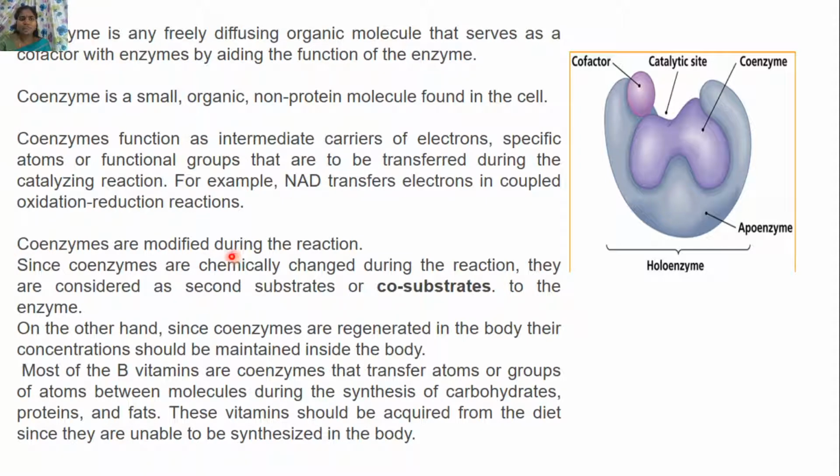Coenzymes are modified during the reaction. Since coenzymes are chemically changed during the reaction, they are considered as second substrate or co-substrate. As I told you, they undergo oxidation or reduction or transfer of protons. Because of their chemical change, we call them co-substrates to the enzyme.